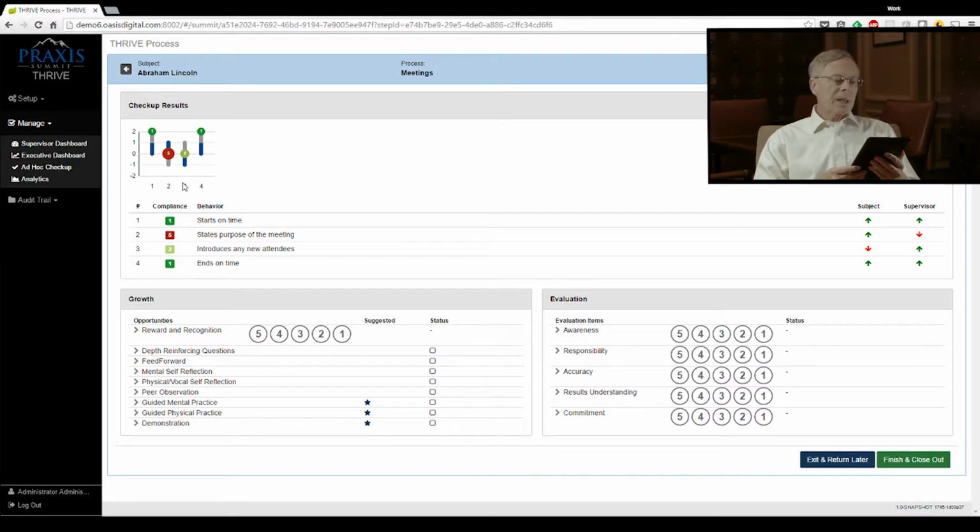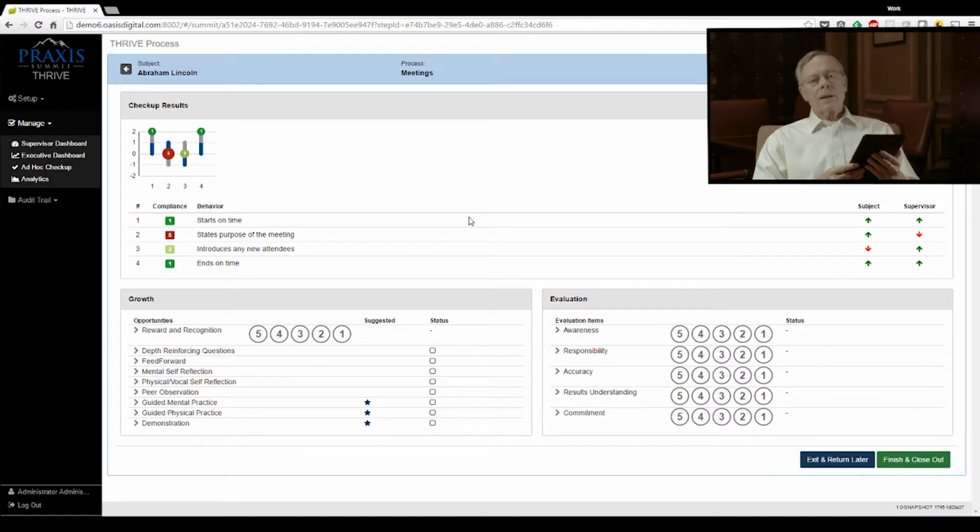The results appear in a lollipop chart, and all of the behaviors are presented in terms of a color-coded scale, and there's an algorithm behind this scale that pops up from green, which means everything is fine, up to pink and red, which means these are behaviors that are deficient and need to be worked on, and a learning opportunity probably needs to be applied to improve these.